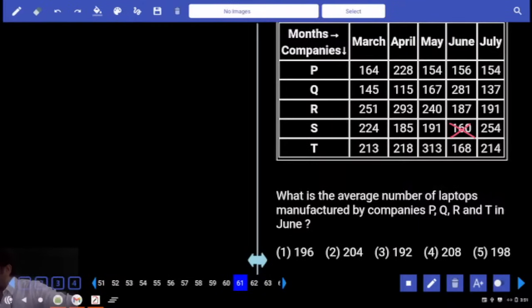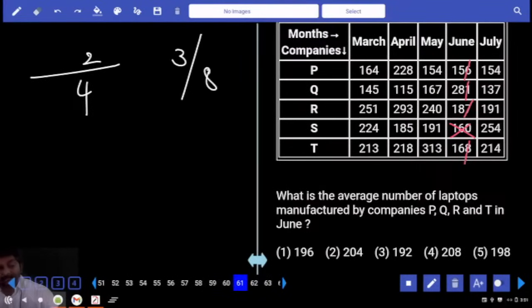What I verified is last digit. 8 plus 7 ends with 5 plus 1, 6 plus 6, 2. Average for 4. 4 into which number ends with 2? Or 8. 2 options are there. You got it? So we have to calculate.